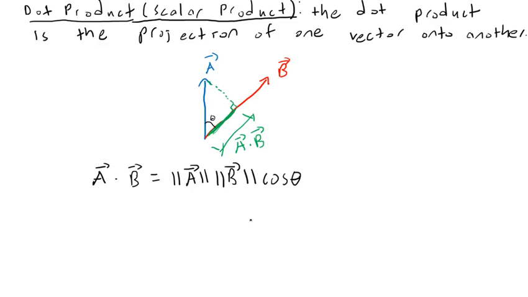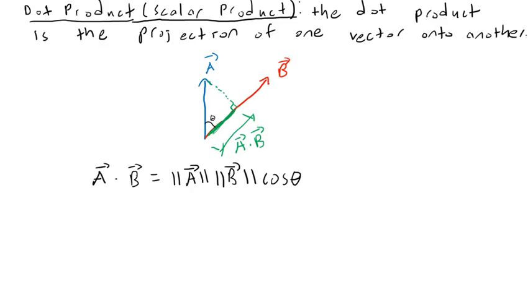And this works not only in 2 dimensions, but in 3 dimensions. In many cases you can quite easily calculate a 2-dimensional angle without using a dot product. But with 3-dimensional vectors, it can be very difficult to calculate the angle between vectors without using a dot product. All right, questions on that?